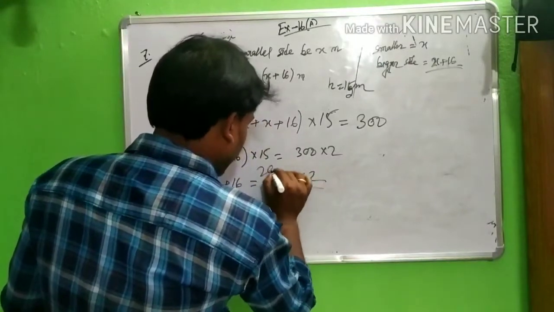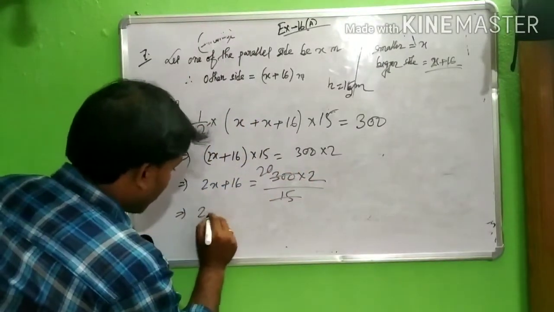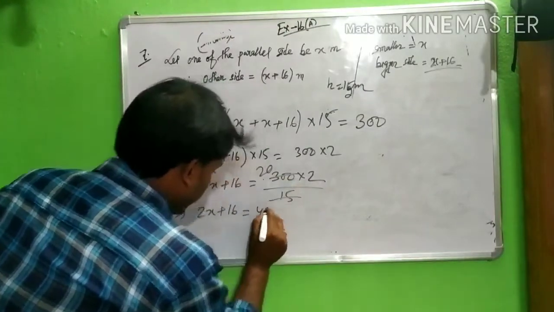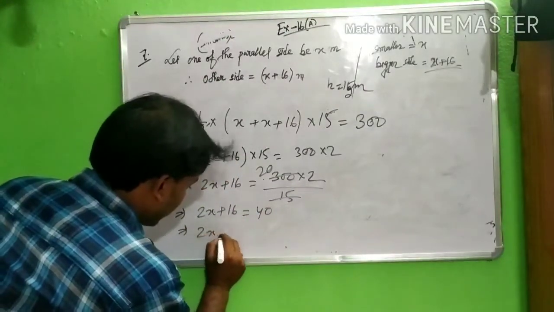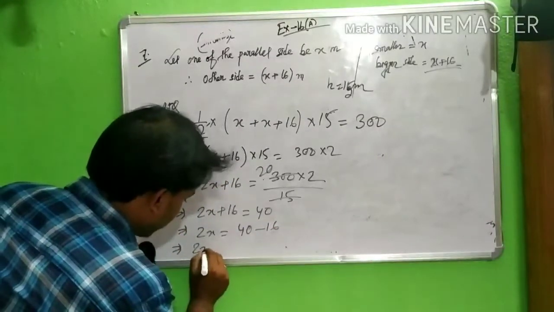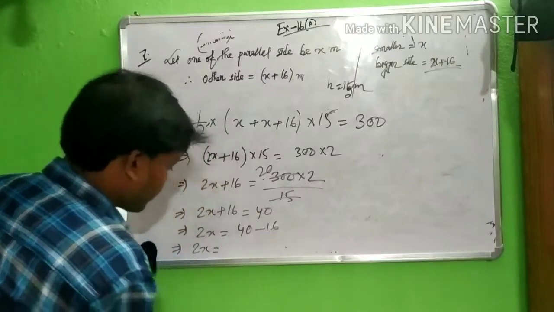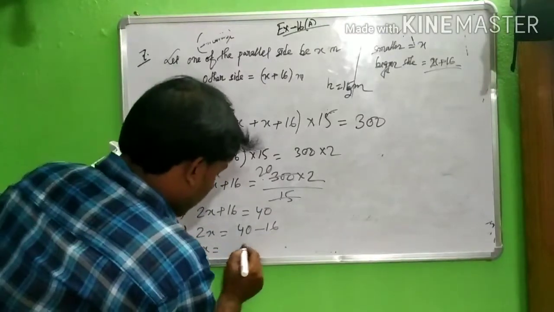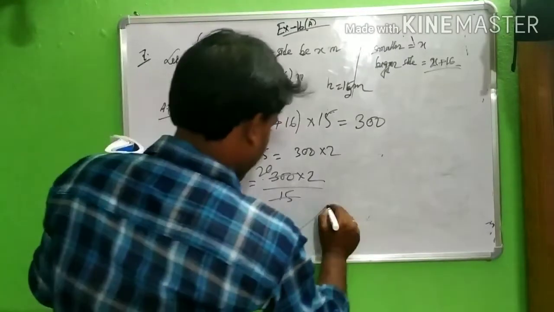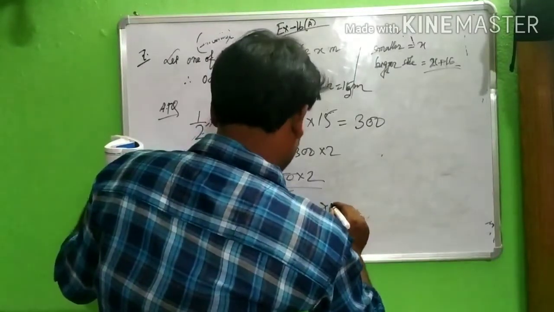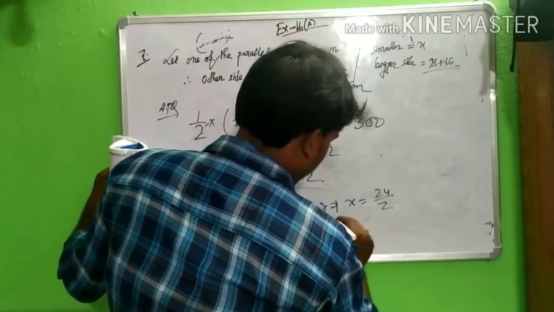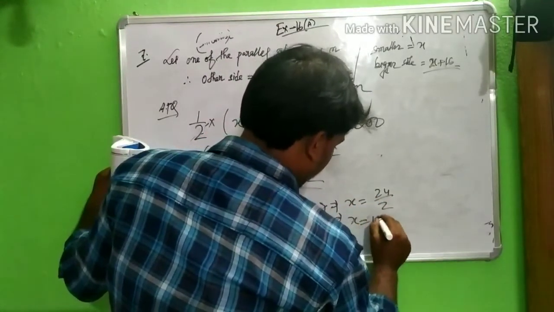15 into 2 is 30, so 2x plus 16 equal to 40, or 2x equal to 40 minus 16, which implies 2x equal to 24, or x equal to 24 by 2, which implies x equal to 12.